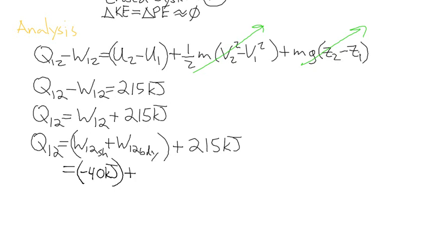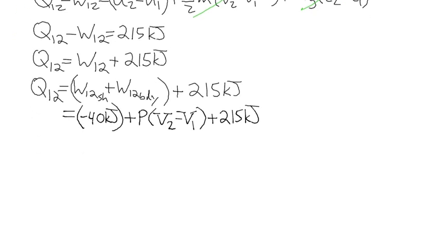And our boundary work, taking from that definition, we said that for an isobaric process, it's pressure times change in volume. We've got our pressure times volume. Put these little serifs on top to make sure it's volume. Volume 2 minus volume 1. Plus 215 kilojoules.